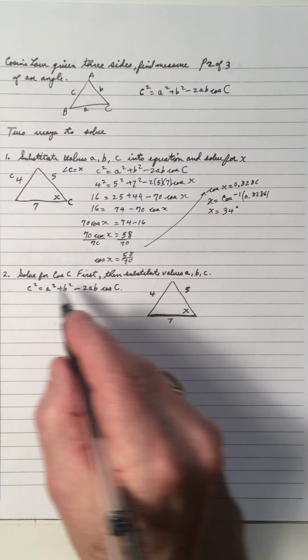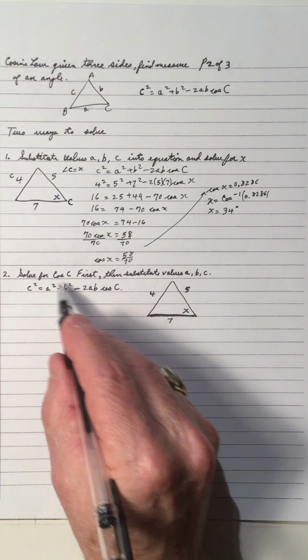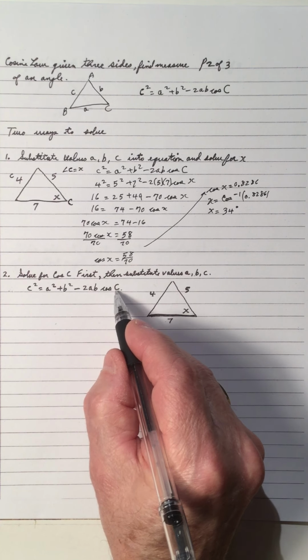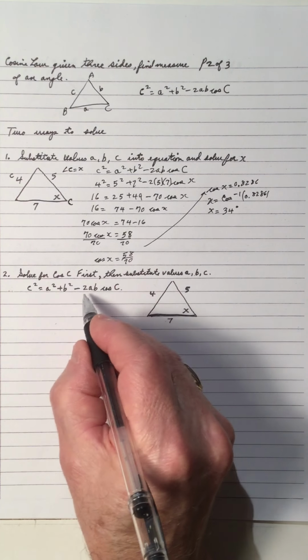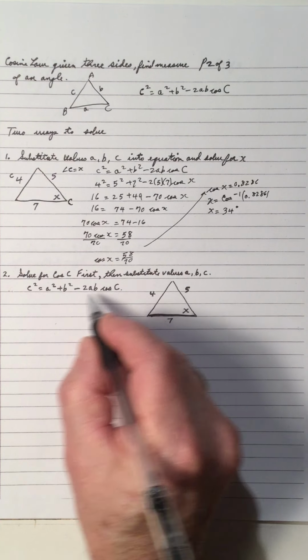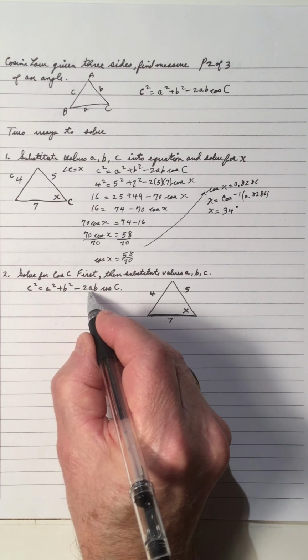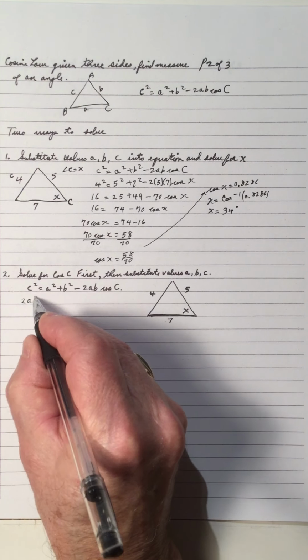Another way would be to solve this cosine law for cos C, and let me show you. Notice that I'm solving for the angle C, so I'll take the negative 2ab cos C and move it to the left side and make it positive.